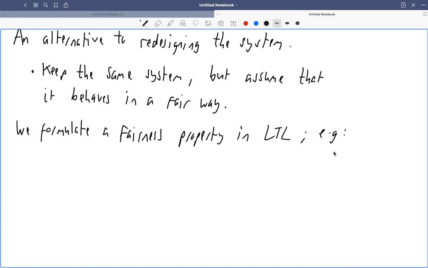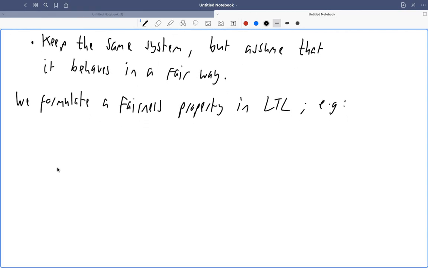There are many ways of formulating fairness properties, and fairness is quite an interesting subject, but let me just give one rather strong fairness property which is good enough for this particular example. The kind of fairness property we might want is the following one: GF(T1 and T2) implies a conjunction of things.